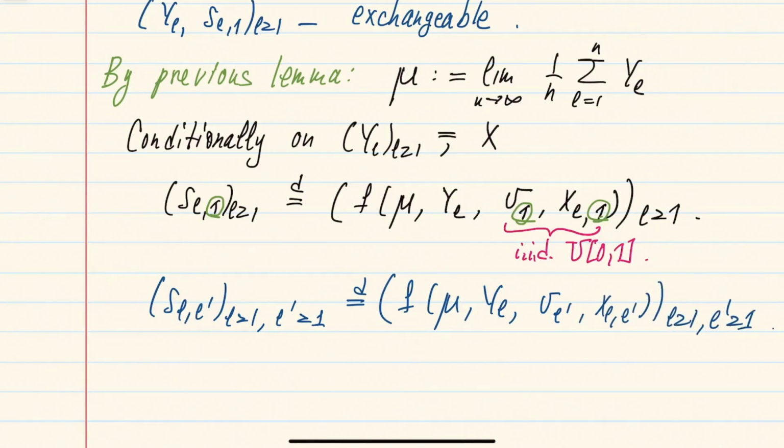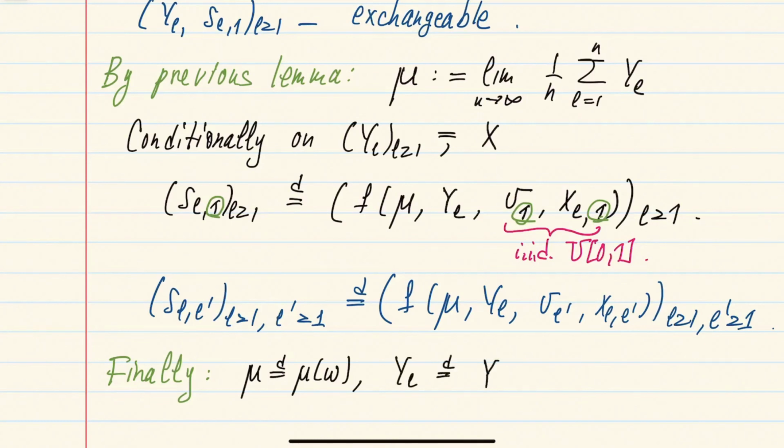And now we are getting very close. So finally, we just have to recall that this sequence Y_L is IID from its empirical measure mu. And so just like before, we can encode this measure mu by some function of some random variable W, and then we can encode the sequence Y_L by some function of its empirical measure and some independent IID uniform sources U_L.